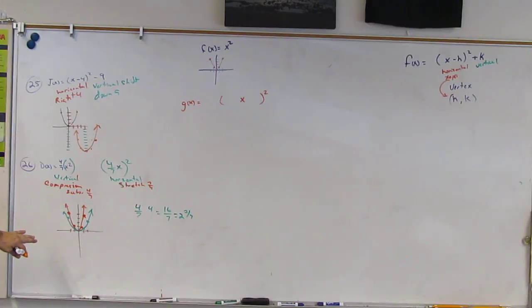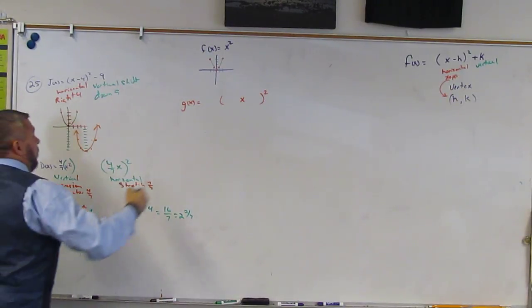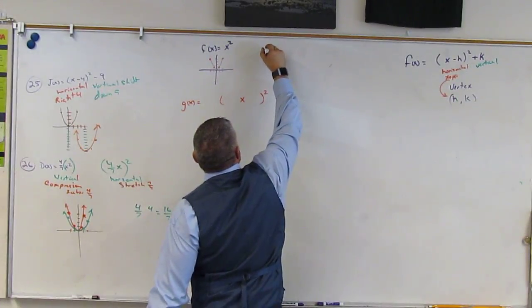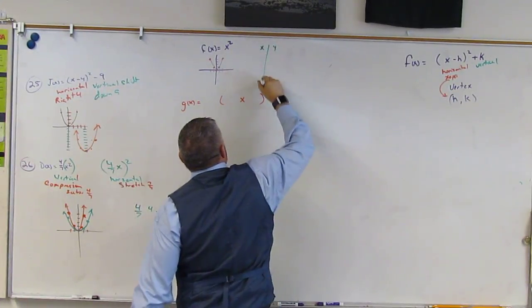Now we got to think about this. Why did I multiply by 1? Why did I multiply by 4? Why am I doing that? Think. What are your outcomes here? X and Y. Okay?